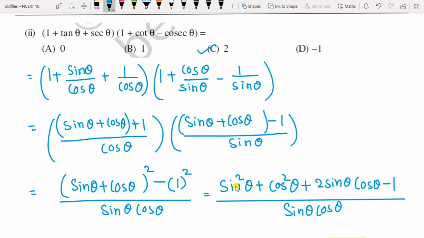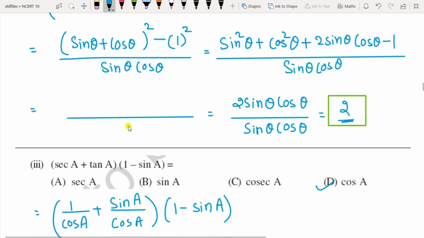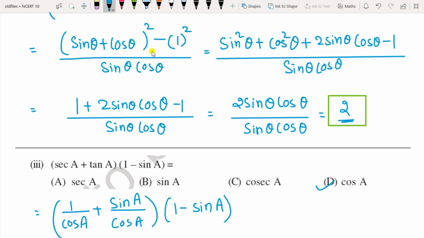Consider these first two terms, sin square theta plus cos square theta, we know it is 1. So it is 1 plus 2 sin theta cos theta minus 1, the whole upon sin theta cos theta. Plus 1 minus 1 will get cancelled. So this will be 2 sin theta cos theta upon sin theta cos theta. Again this sin and cos will get cancelled. So your answer is 2.